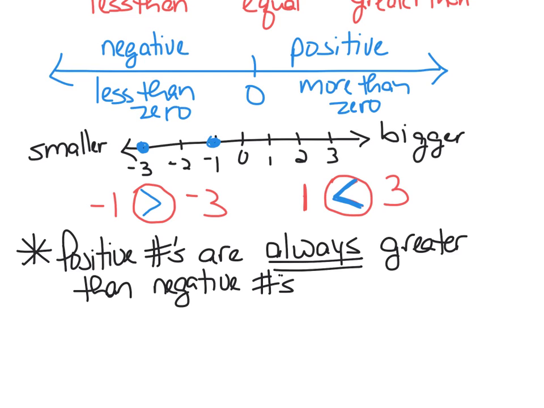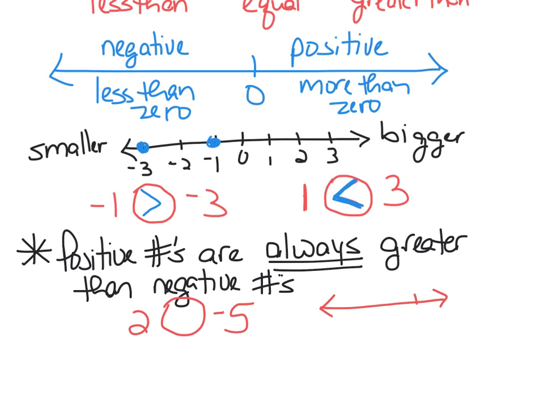So if you think about it, if I have a positive 2 compared to a negative 5, well, that means the arrow or your symbol is going to be pointing to the lesser number. And which one would that be? You draw a number line.